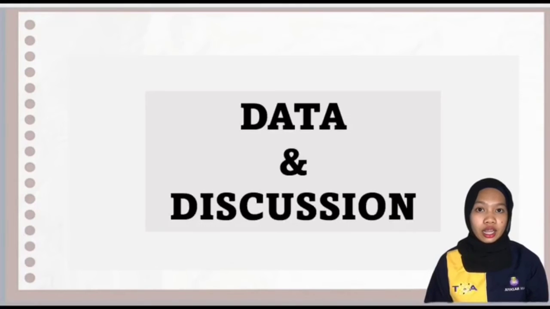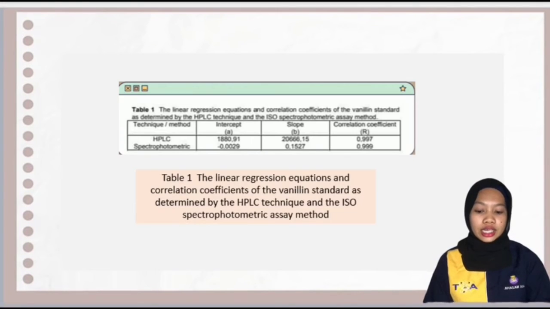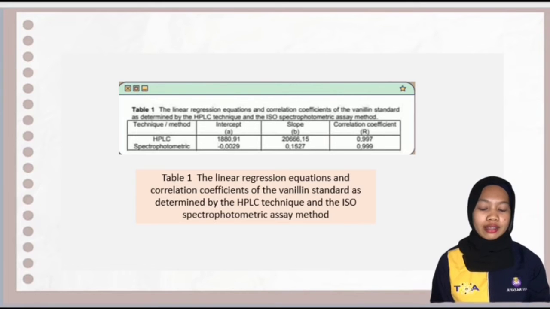Next is the data and discussion. As you can see in table 1, the linear regression equations and correlation coefficient of the vanillin standard as determined by the HPLC technique and the ISO spectrophotometry assay method.